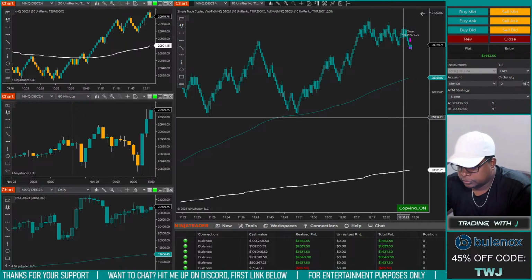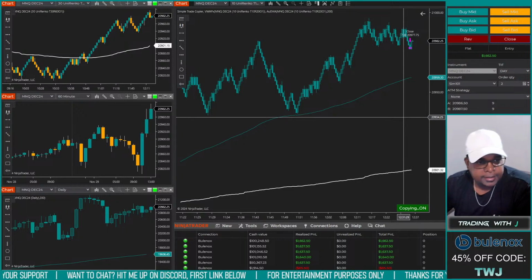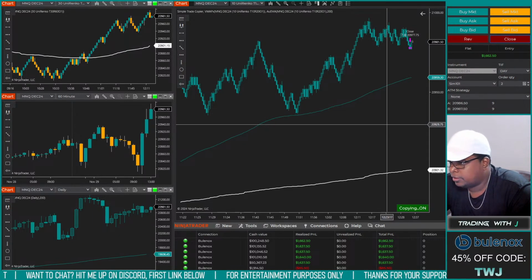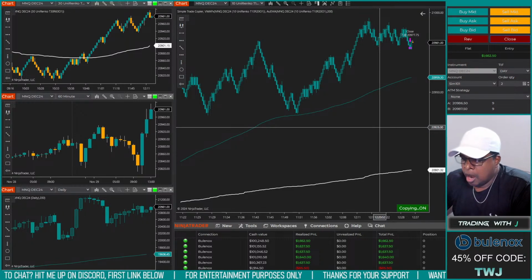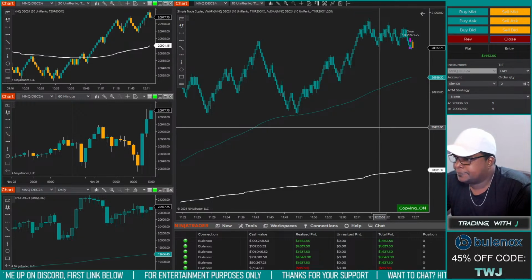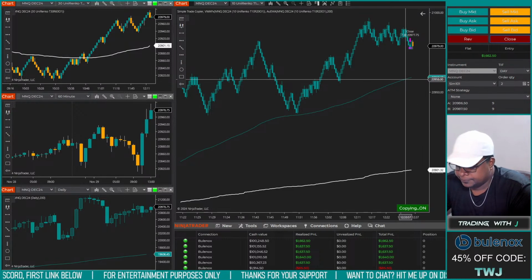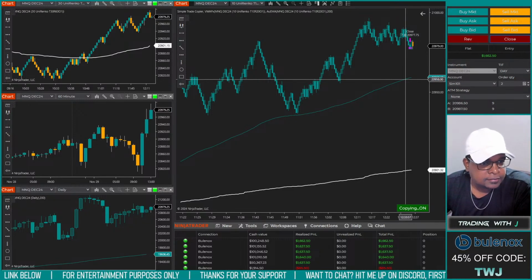So, back up 100k on the XFAs, up 1k really. We're up 300 on the master account. So if we pull back into this line, get a color change, move back up, could take another position and start building again.